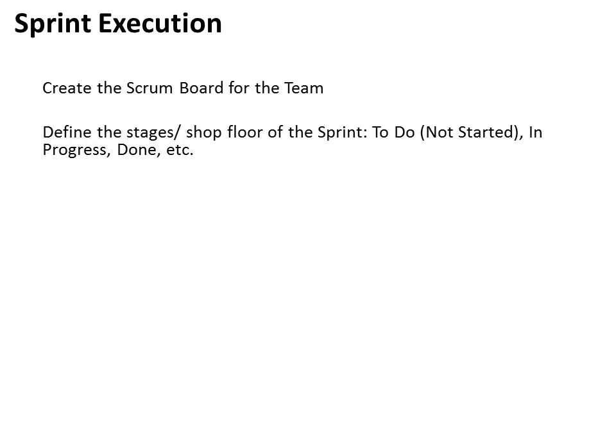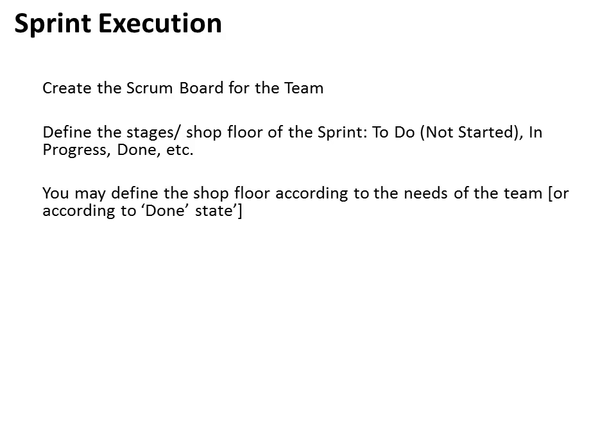And before that is the lane that represents all the sprint backlog items. You may define the lanes according to the needs of the team and according to the done state. That done state has to be defined with the product owner, and depending on what needs to be done to define a complete done state, that would affect the different lanes that you may add.